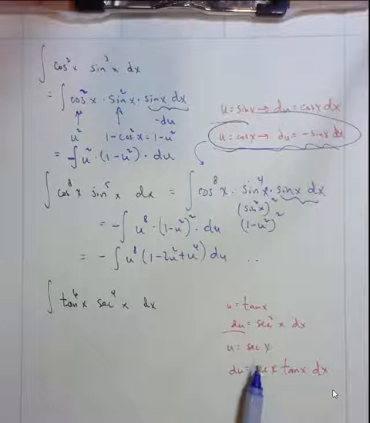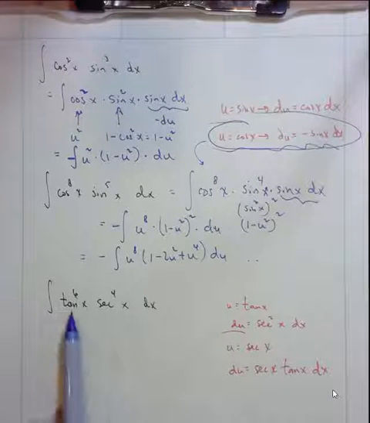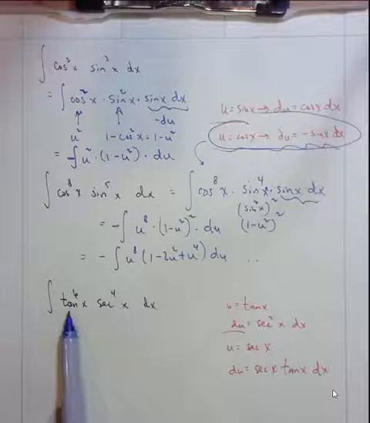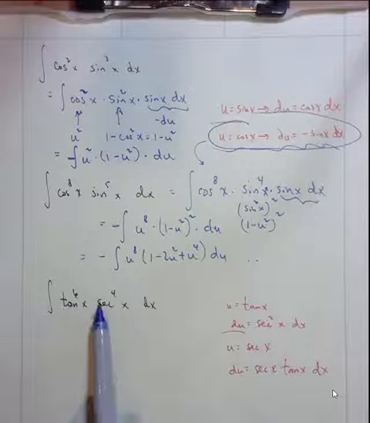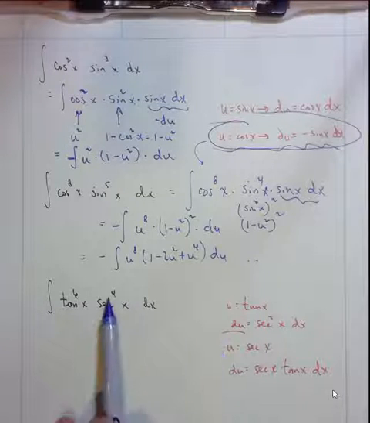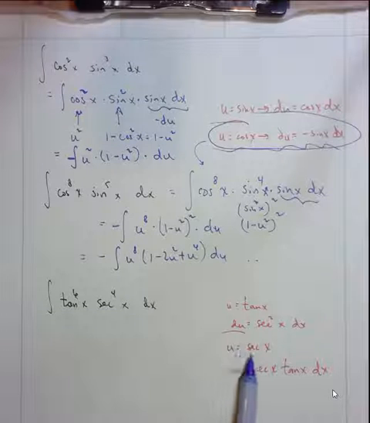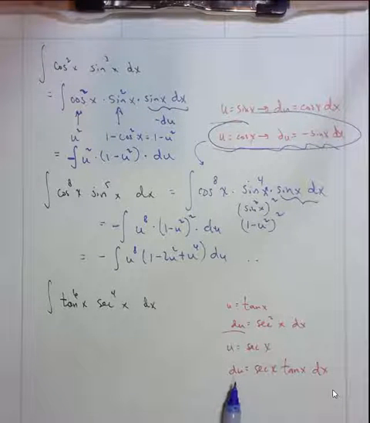Suppose I used u equals secant of x. I would love to put secants all over the place then to make that substitution work. And I can convert even powers of tangents into secants using my identity. But if I try u equals secant of x, then one of these secants right here is, well, actually all 4 of them. If I use u equals secant x, then I need to reserve a secant and another tangent for part of my du, right?